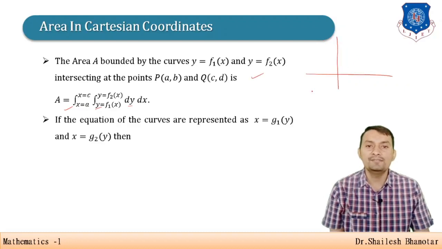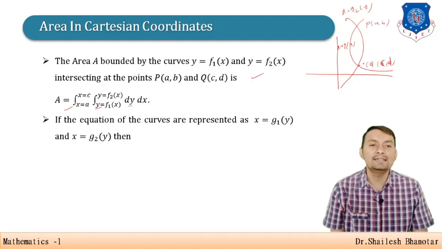Suppose the curves are given as x equals g1(y) and x equals g2(y), with intersection points P(a, b) and Q(c, d).